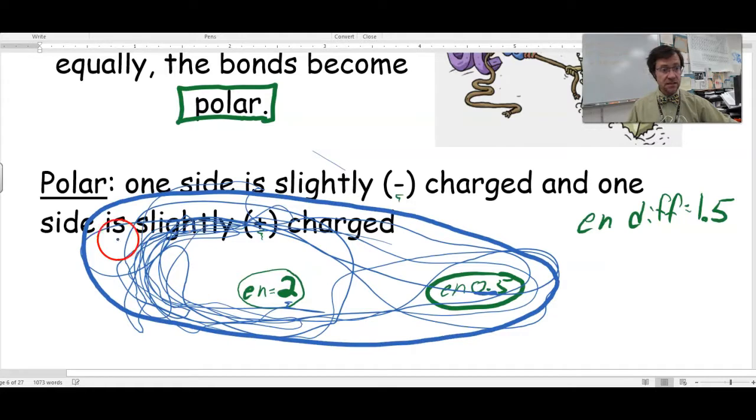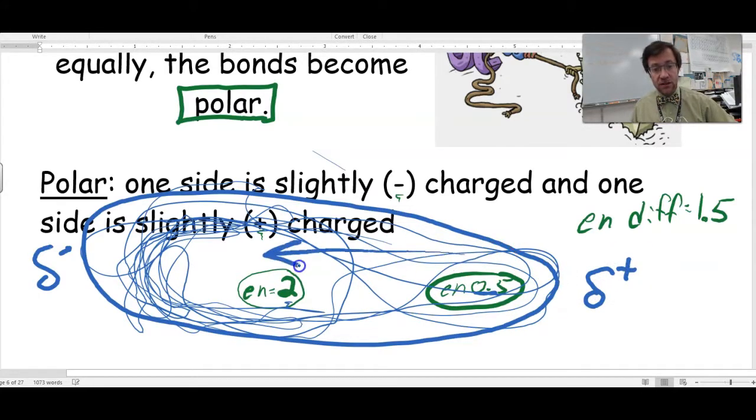And what that does is it causes a slightly, that's a Greek symbol, that symbol means slightly negative. So it's not a full negative charge, but it's a little bit. And because the electrons are more over on that side, this side becomes a little bit positive because that cloud is shifted in this direction, exposing this nucleus a little bit more.